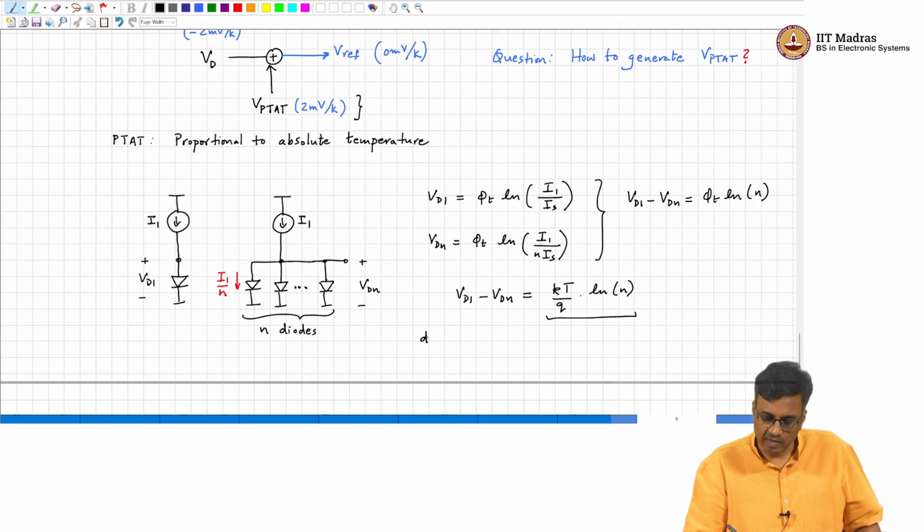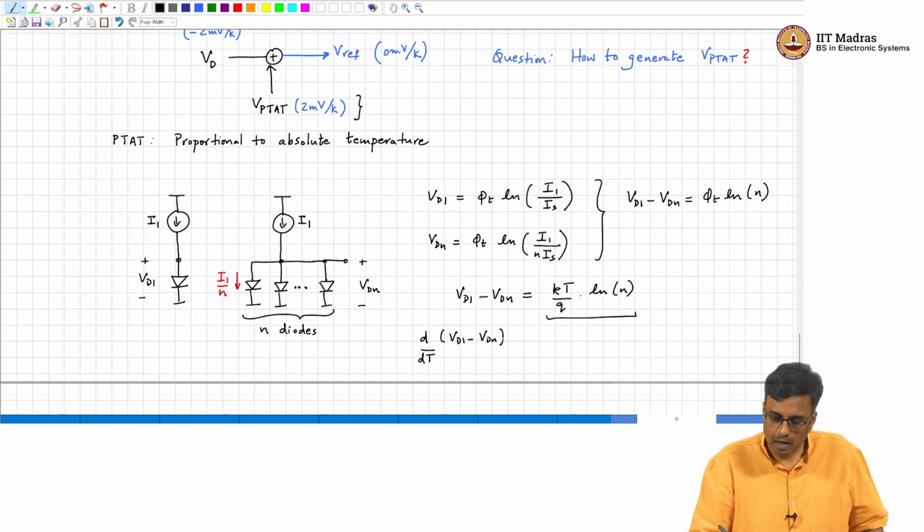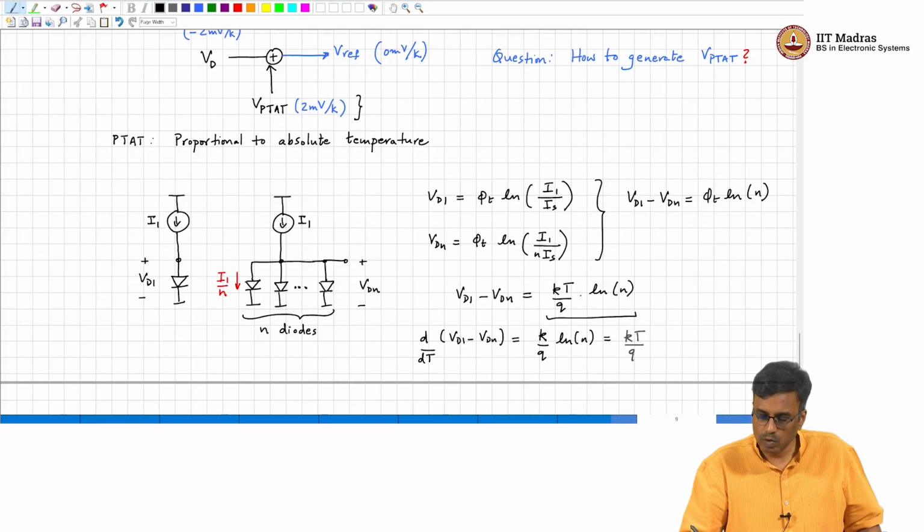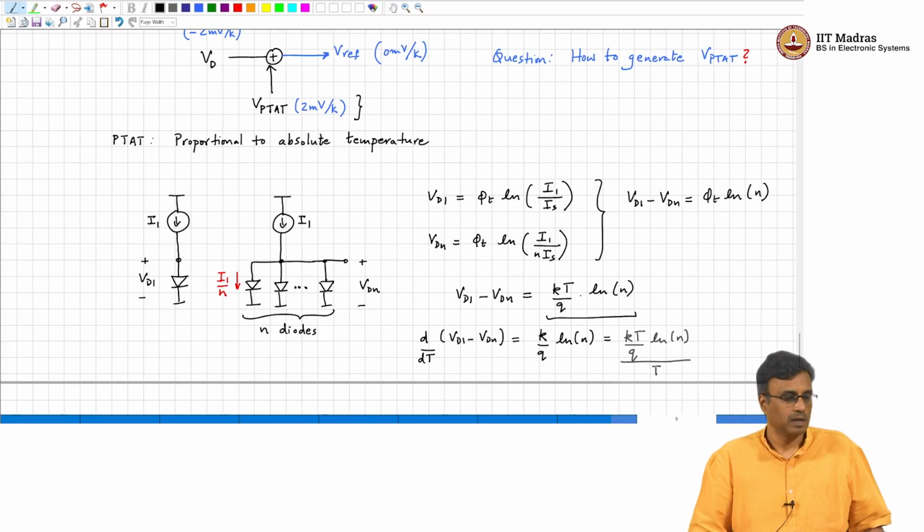In other words, what is d by dT of VD1 minus VDN? k by q times ln N, which is kT by q ln N by T, right.